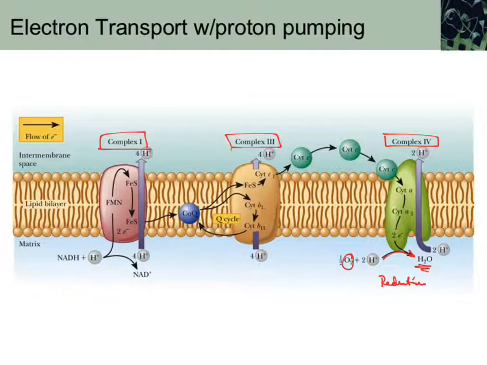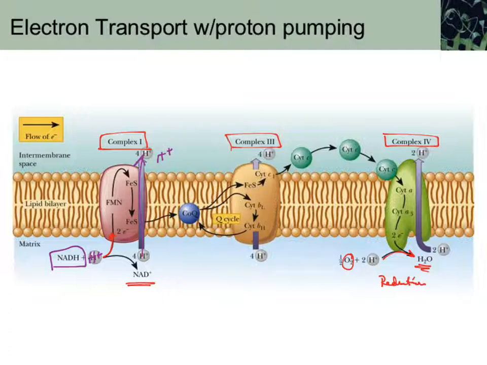Notice to do this, we have NADH come up with an H plus and dump in its electrons to produce NAD plus. At the same time that it dumps in those electrons, it shuttles across H plus.